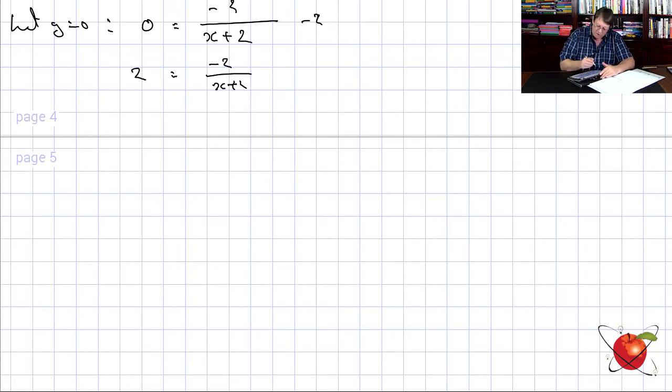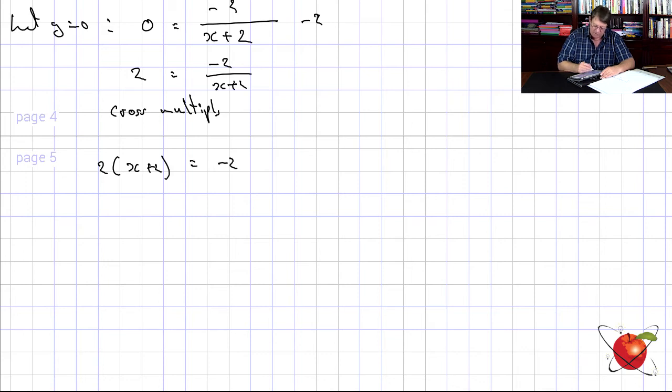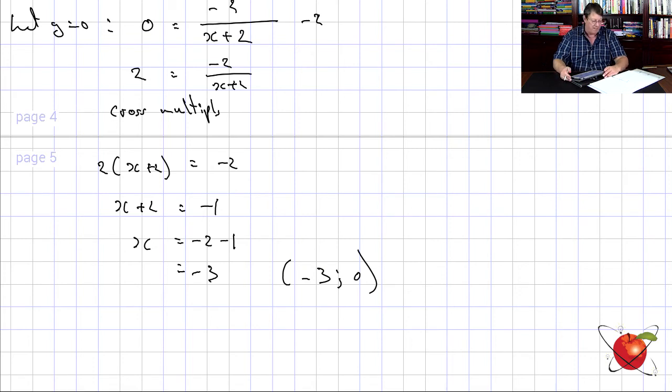Minus 2 over, then you cross multiply. Okay, you get 2 times x plus 2 equals minus 2. Then you divide by 2 and you get x plus 2 equals minus 1. And you get x equals minus 2 minus 1, which is minus 3. Okay, and therefore write your coordinate down. Minus 3 and 0.